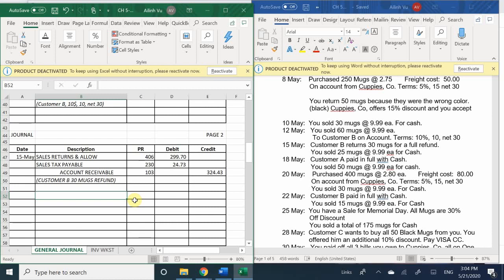It has nothing to do with our vendor or our purchases. These are completely separate. Good. What happened next? We have to record it under returns and allowances. We just went over this. For sales returns and allowances, where are we recording this?